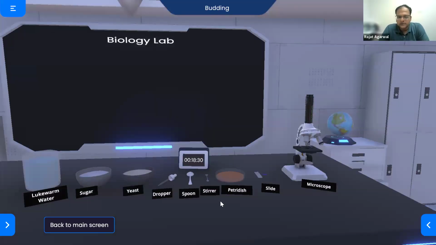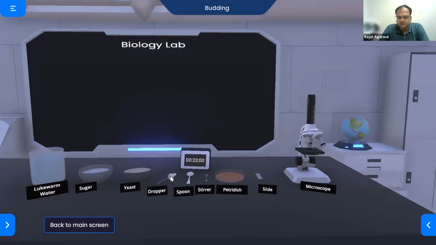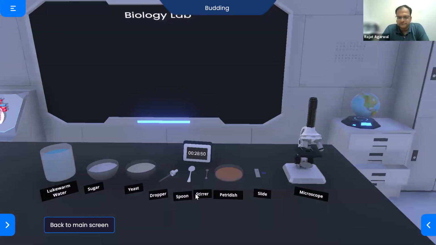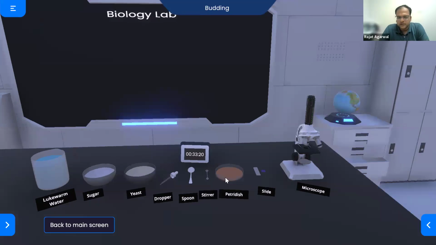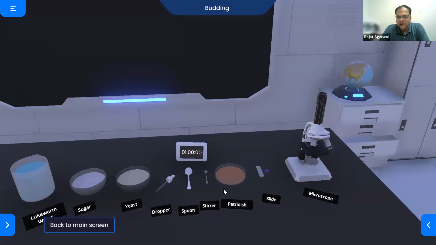All right, now we take a dropper. We'll be waiting for some time so that the culture is allowed to feed on the sugar, on the glucose, and propagate, right?